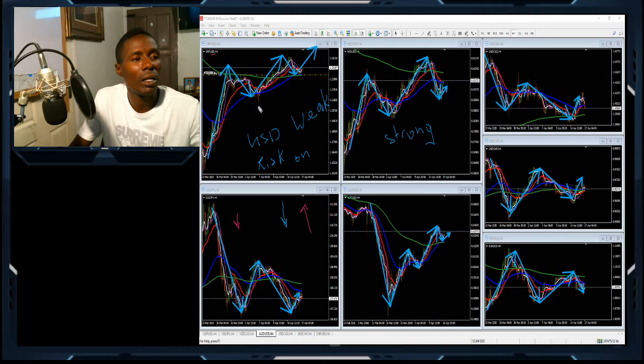I would say pound dollar. Change the color. Use the red. Pound dollar is doing well because you see the price action and the swift movement. Kiwi dollar doing well. USD yen fairly well.